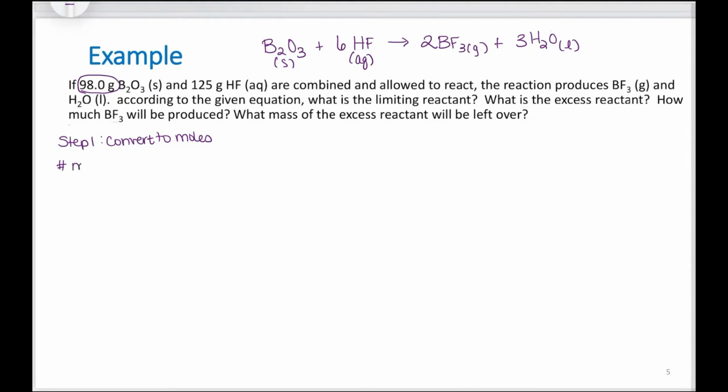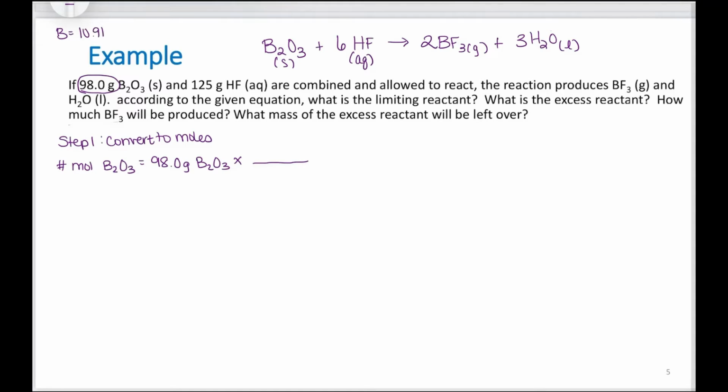So I want to know the number of moles of B2O3. This equals 98.0 grams of B2O3. And to convert to moles, I'm going to determine the molar mass. You should always have a periodic table with you when you're doing calculations for this class.